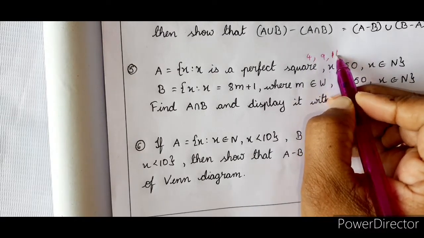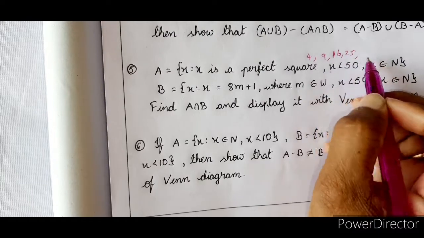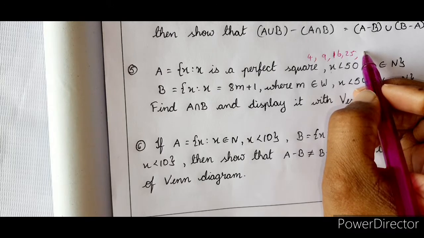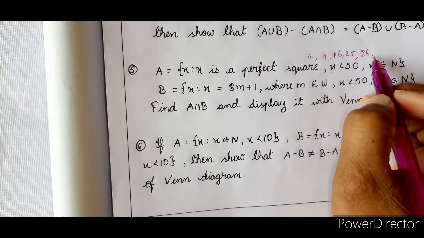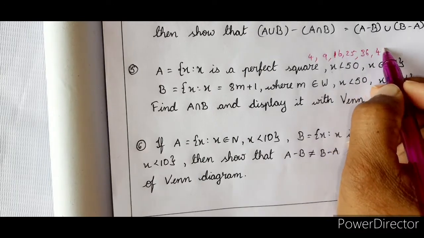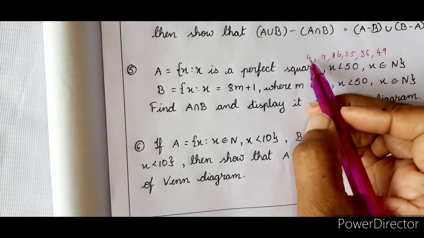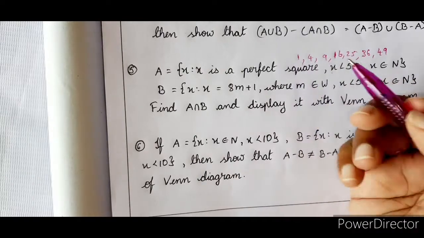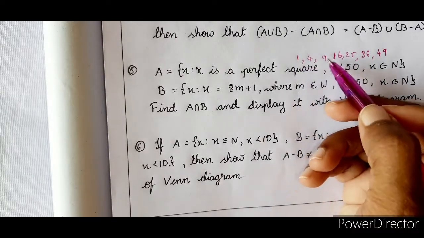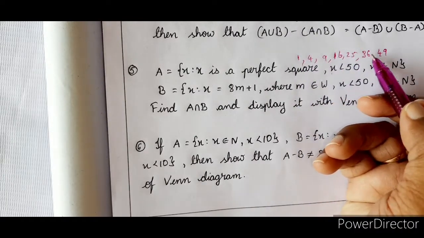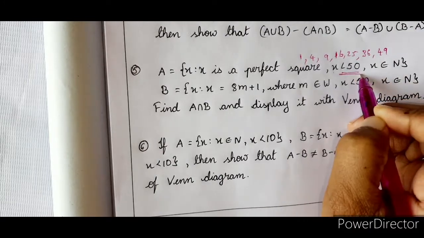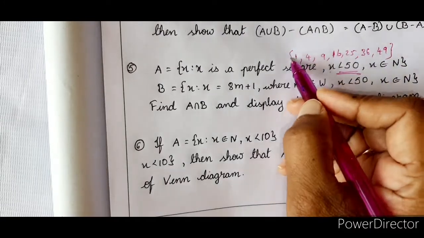Then comes 16, then 25, then 36, and 7 sevens are 49. 1 is also a perfect square, in fact. 1 square, 2 square, 3 square, 4 square, 5 square, 6 square, 7 square, 8 square, 8 eights are 64. But what is the limit? Less than 50. So these are the elements.